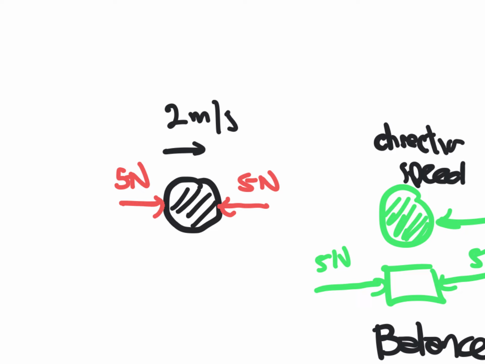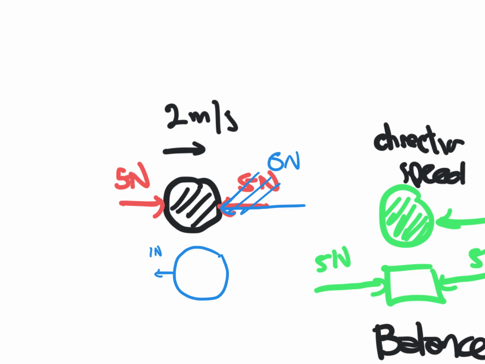Now, how would it slow down? It will only slow down if, let's say, this wasn't 5 newtons, but instead this was, let's say, 6 newtons. Now, if one is 5, one is 6, the resultant force on this ball would be 1 newton in that direction, and this is opposite to the state of motion, correct?